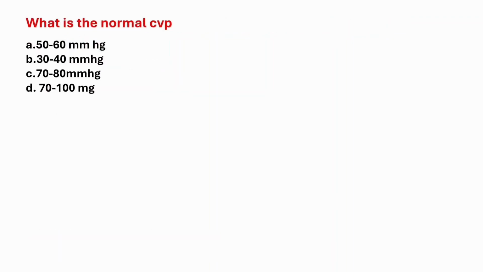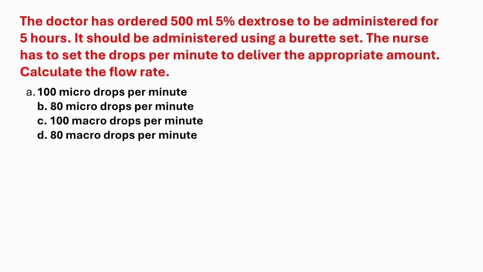What is the normal CVP? A. 50 to 60 mmHg. B. 30 to 40 mmHg. C. 70 to 80 mmHg. D. 70 to 100 mmHg. The correct answer is C. 70 to 80 mmHg. The doctor has ordered 500 ml of 5% dextrose to be administered over 5 hours using a burette set.